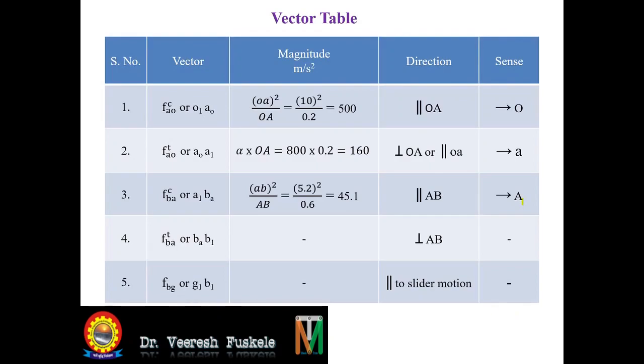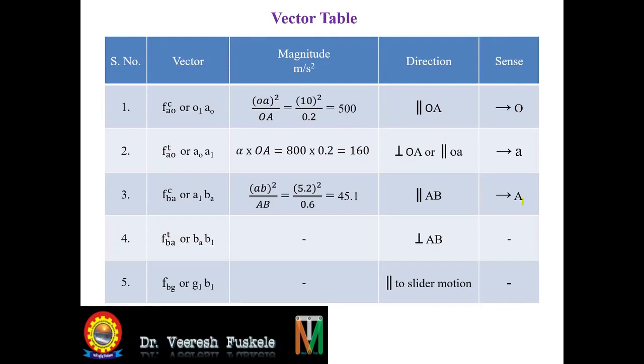the value of the centripetal component of A relative to O, which will be represented by O1 AO, and it will be equal to omega square upon R, as we know that the centripetal component is equal to omega square upon R. So this is omega OA square upon the length of the link OA. This will give us 500 meter per second square.